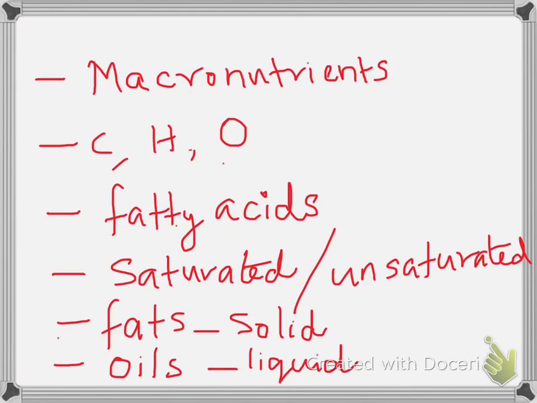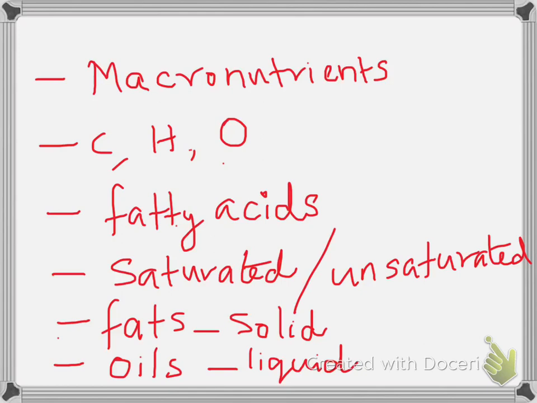So, fats and oils are essential macronutrients made up of carbon, hydrogen and oxygen, and the combination of these elements forms fatty acids. Saturated means they are made up of only single bonds, that is, there is a lack of double bonds between the carbon atoms.